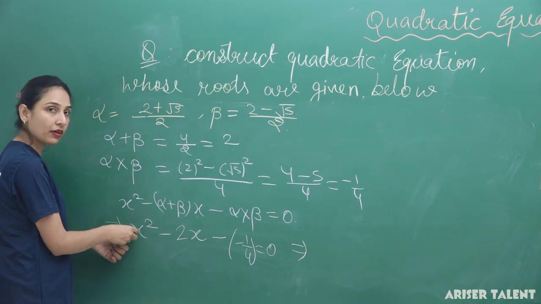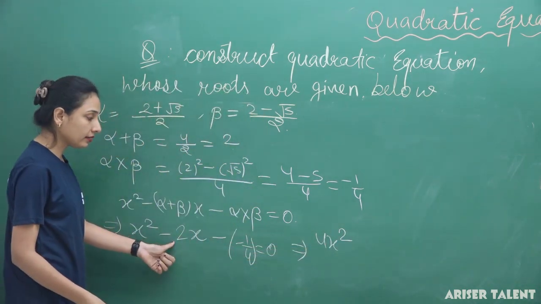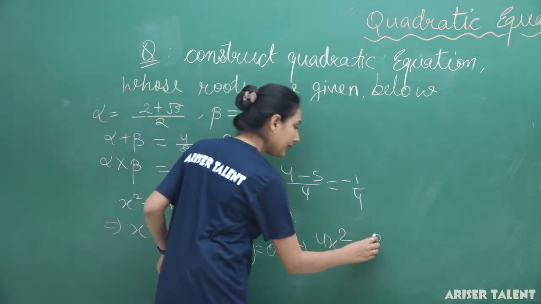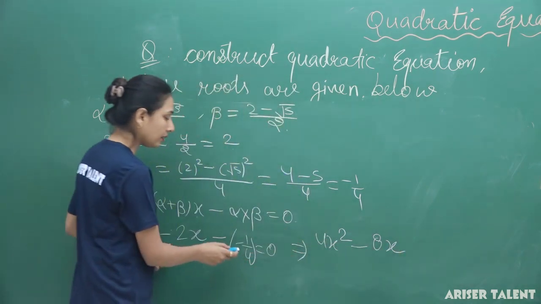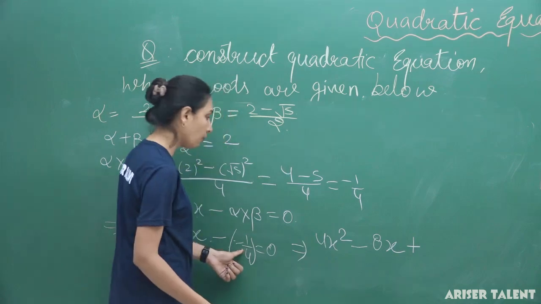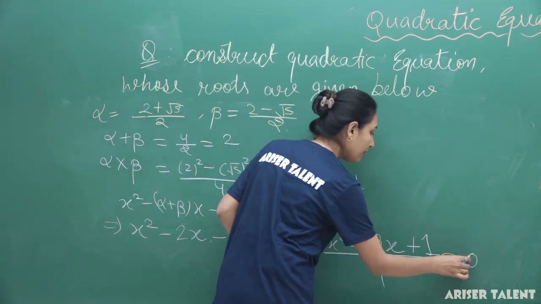So 4 multiplied by 1, this is 4x square here, minus 4 2s are 8, 8x, and here plus minus minus plus 1, okay, and that will be equals to 0.